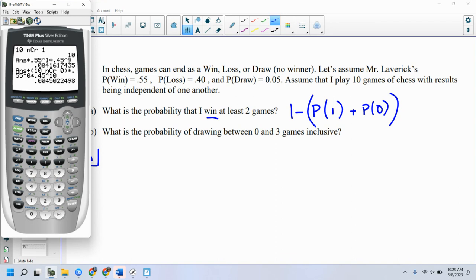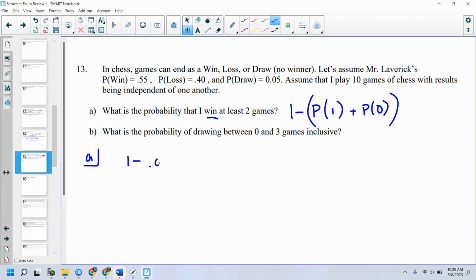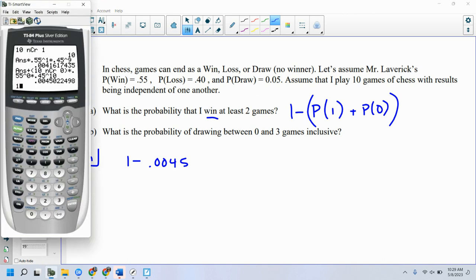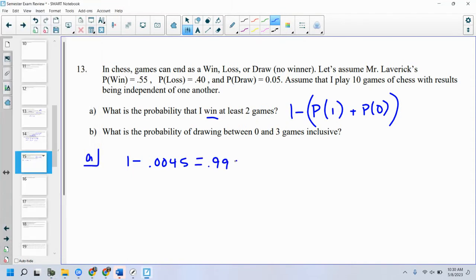So adding those together, let's say 0.0045. 1 minus 0.0045 is 0.9955. That's the probability of me winning at least 2 games if I play 10.